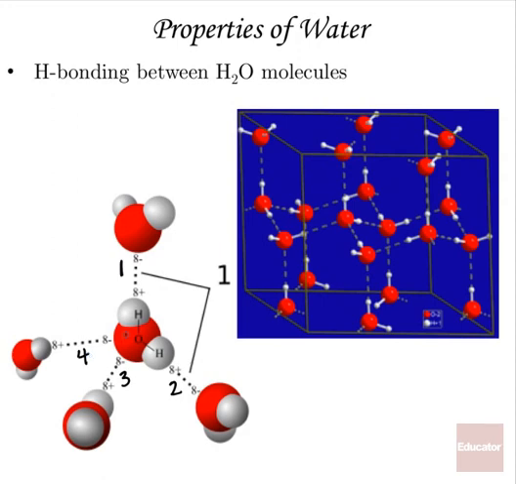So the oxygen of a water molecule can hydrogen bond with 2 different hydrogens from different water molecules. And then each hydrogen of that original water molecule can hydrogen bond with an oxygen of a different water molecule. And if you look here on your right, this is the cubic form, the crystal structure of solid water, which we know as ice.